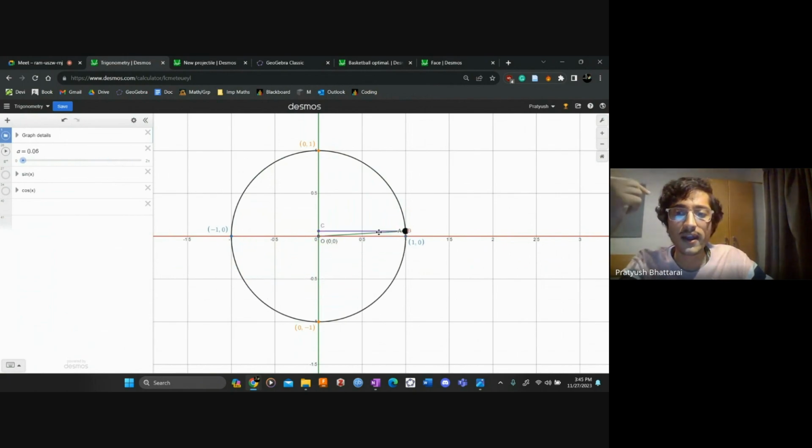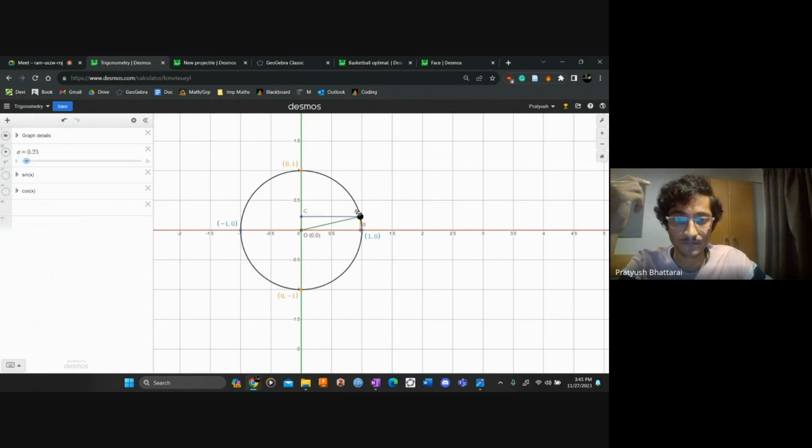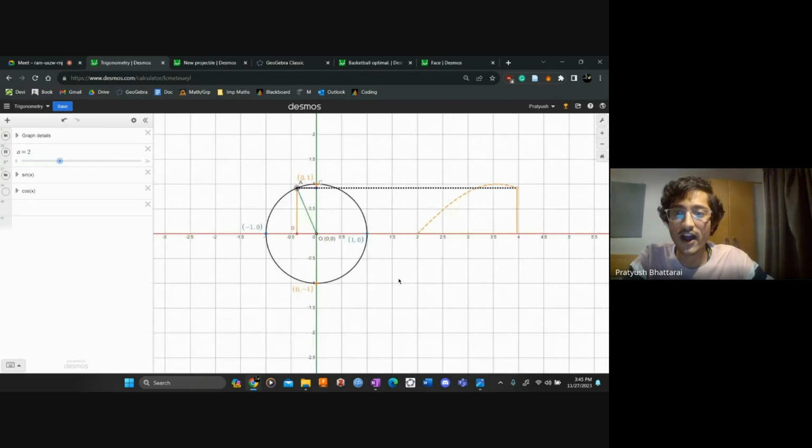Suppose you want to look at how this height varies as a function of the angle. So you want to see how this length varies as you change the angle. What we could do is make a diagram like this.